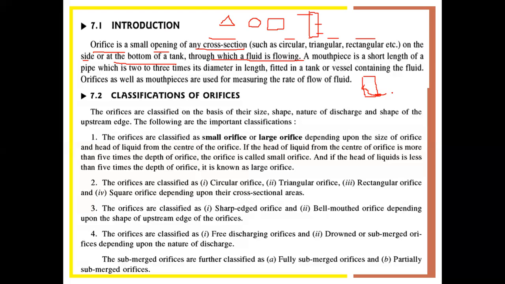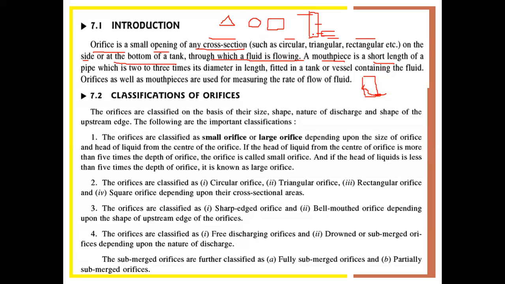A mouthpiece is a short length of pipe, 2 or 3 times its diameter in length, fitted in the tank or vessel containing the fluid. What is the meaning of mouthpiece here? It is a short length pipe fitted to this aperture of the tank containing the water.